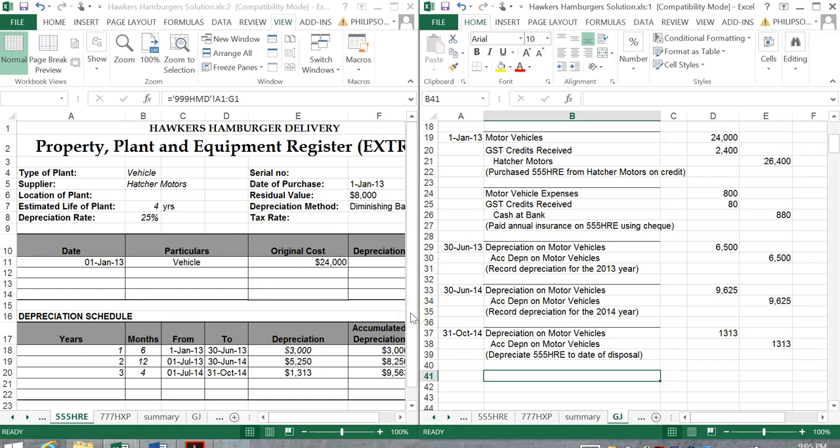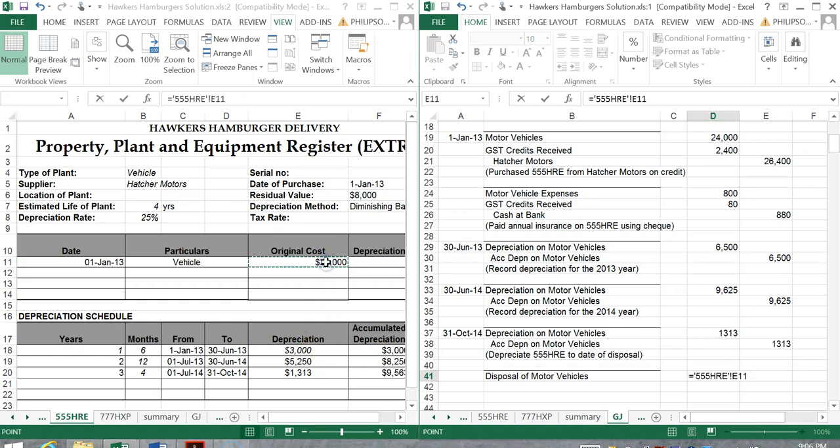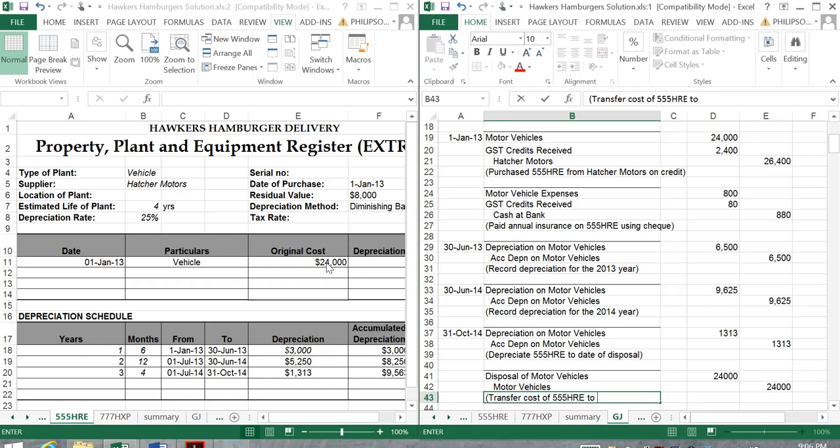So in order to get it out of the asset account, we need to credit the asset account and debit disposal of motor vehicles for its full cost of $24,000. Okay, and that's transfer cost of HRE to the disposal account.